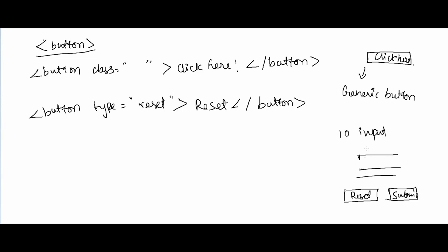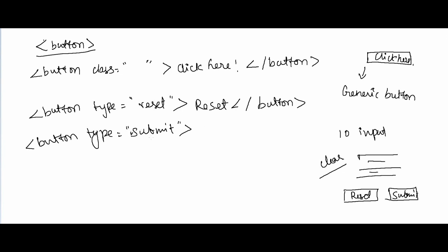When I fill all this form and click on reset, all this form will be cleared, reset to its default state. This is done automatically by type equal to reset. The next one is button type equal to submit.